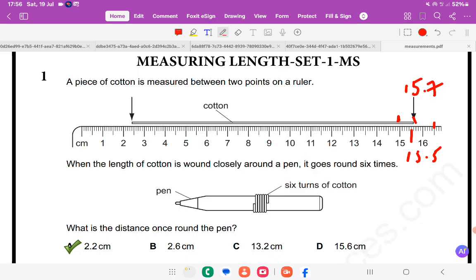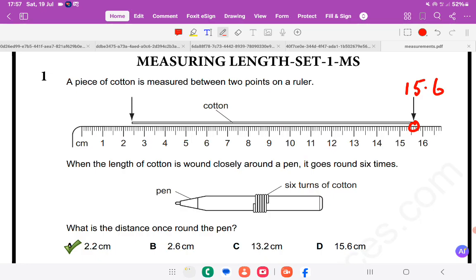Let's look at this closely. This is 15.5, 15.6. Yeah, so it should be 15.6. So the reading here is 15.6.